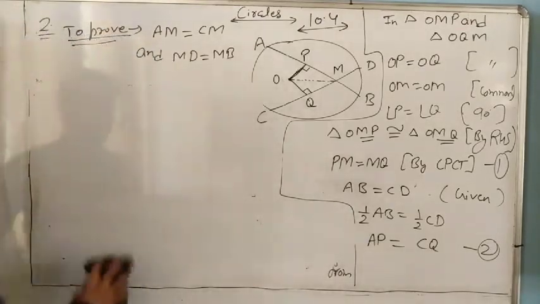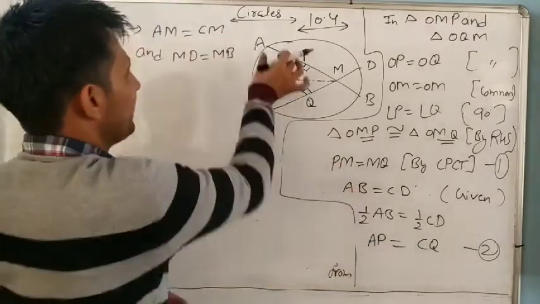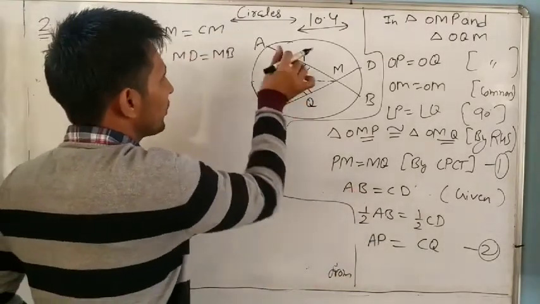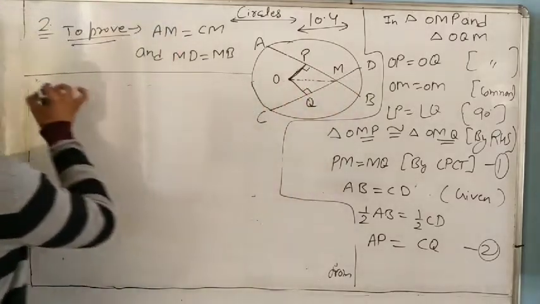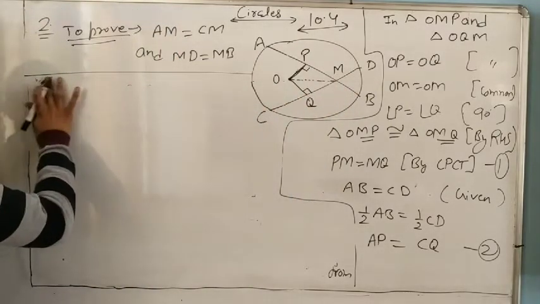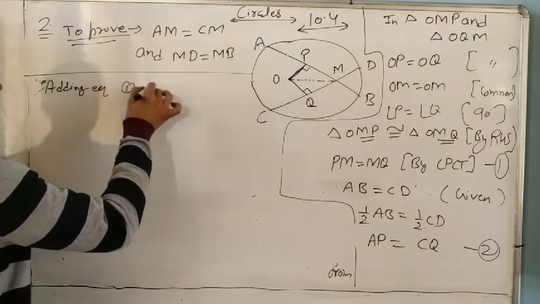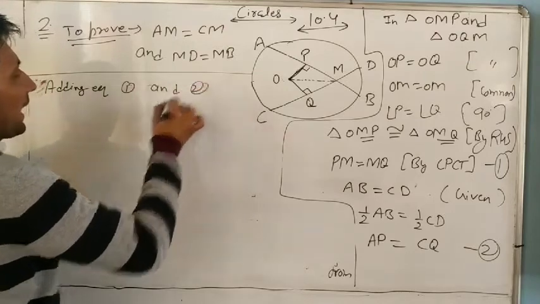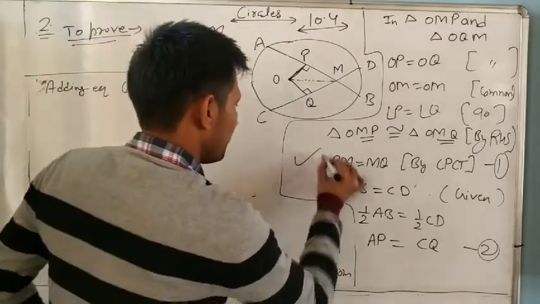Now AP equals CQ, you know. From adding equation 1 and 2, adding equation 1 and 2, what are we adding?